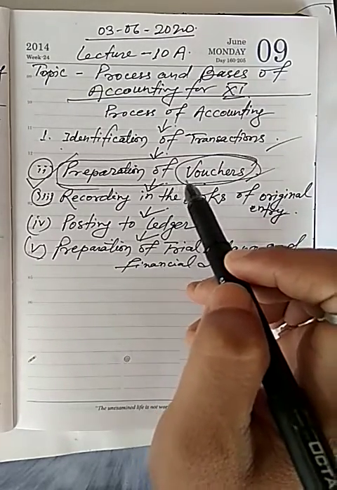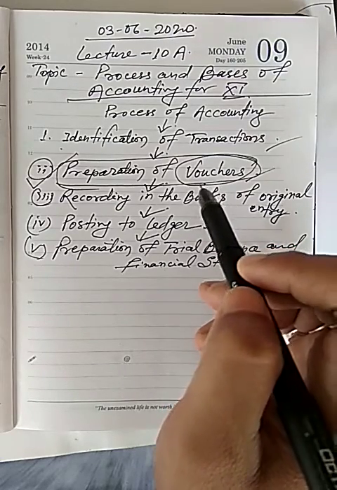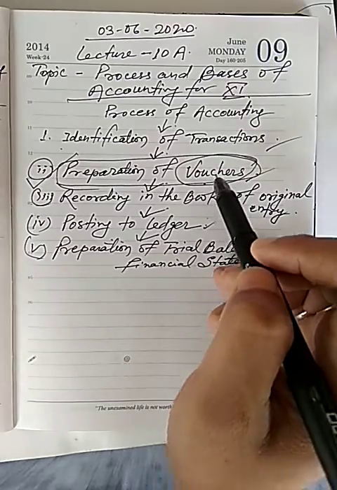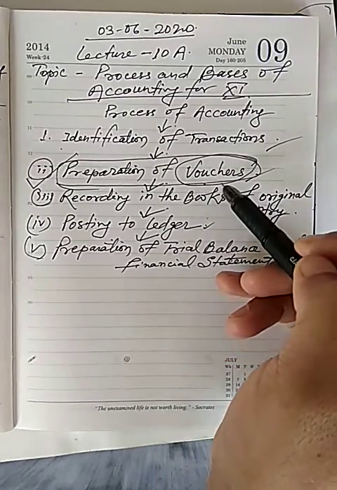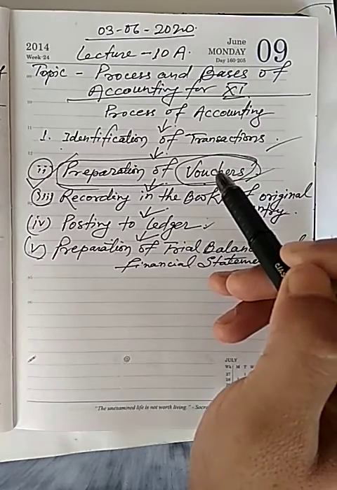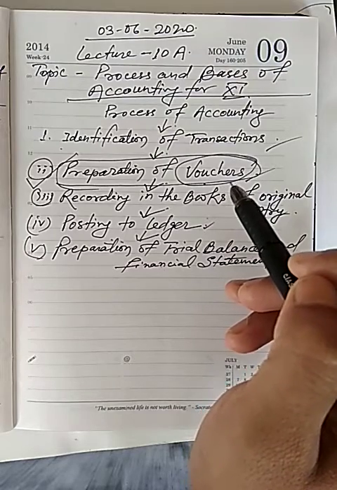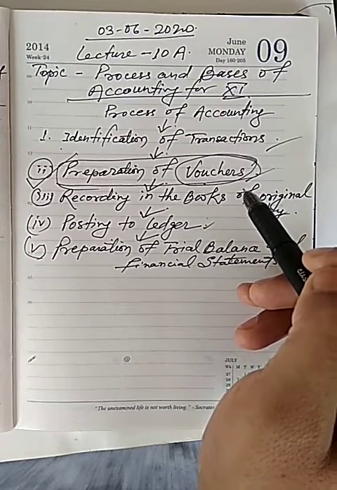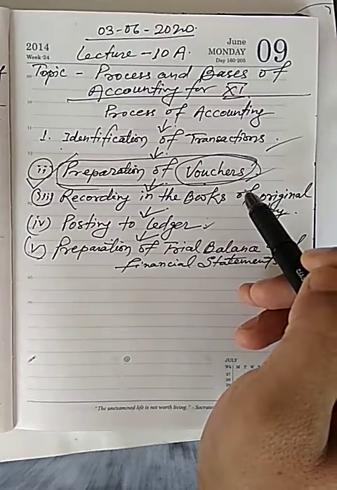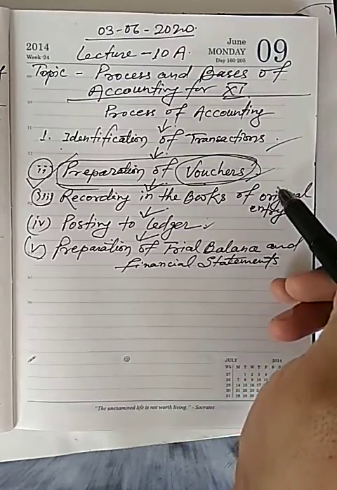Sometimes voucher also serves as source document, such as in the case of petty expenses. Vouchers, which are usually arranged in chronological order and serially numbered, are kept in a separate file.